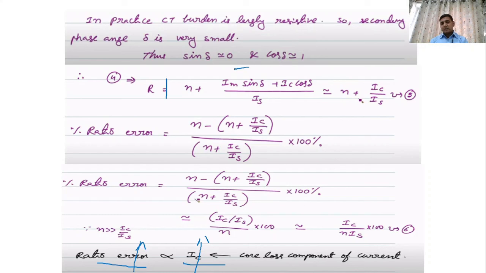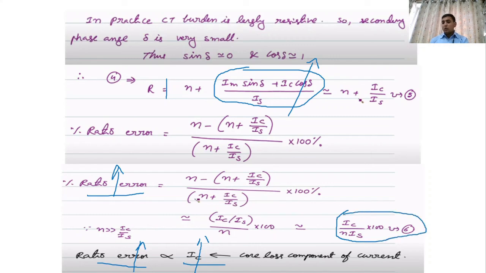As the core losses are increasing in the system, the ratio error is also increasing. You will see in this whole equation, n minus (n plus Ic plus Is) upon (n plus Ic plus Is), that our ratio error is solely dependent upon the core losses of our system.